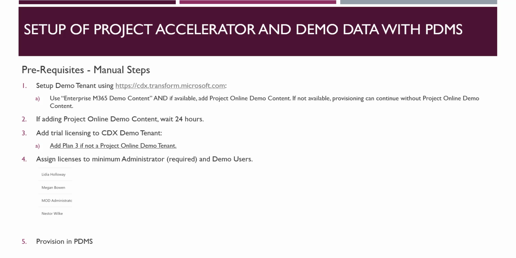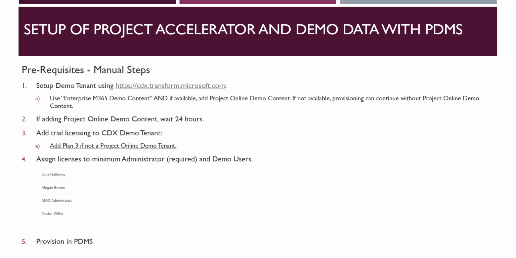However, the demo content has the following 3 additional users. So if you wanted to do some scenarios, logging in and out with users that are part of the demo content, you can see here the 3 additional users: Lydia Holloway, Megan Bowen, and Nestor Wilkie.